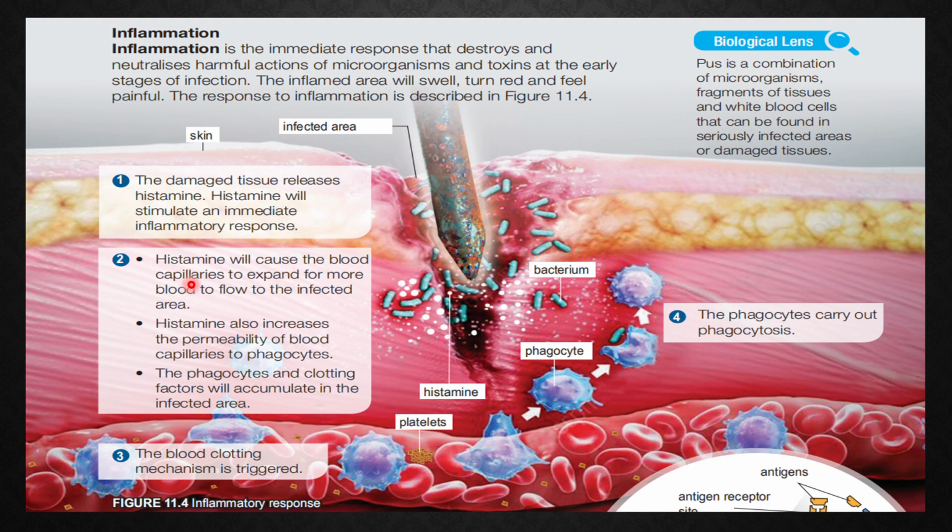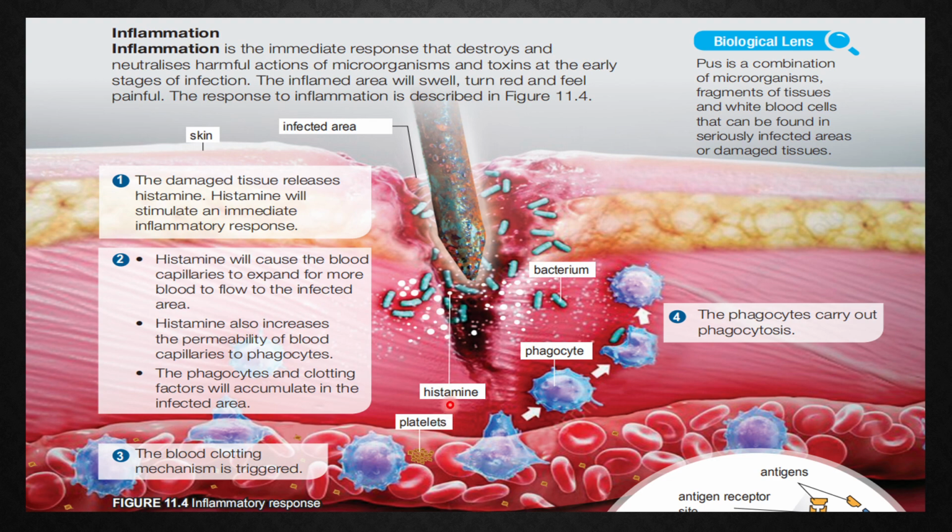And this histamine will cause the blood capillaries to expand so that more blood can flow to the infected area. Also, it increases the permeability of blood capillaries to the phagocytes. So the phagocytes together with the clotting factors will accumulate at the infected area.